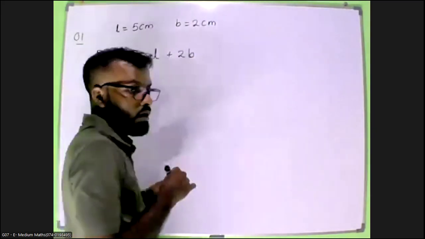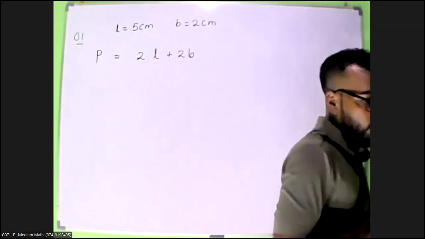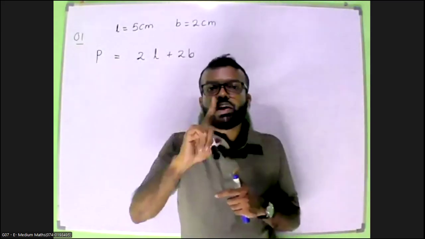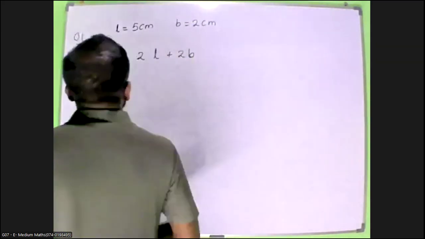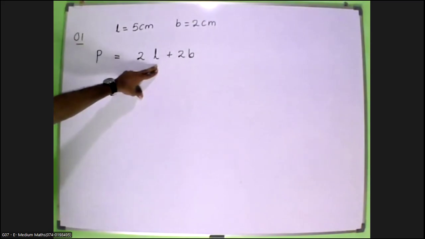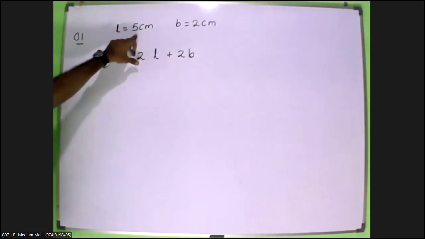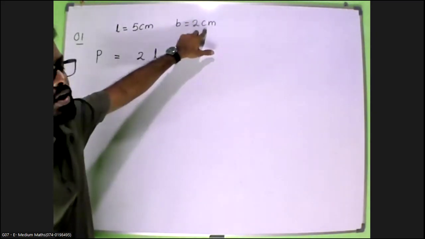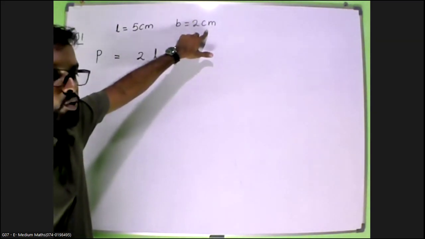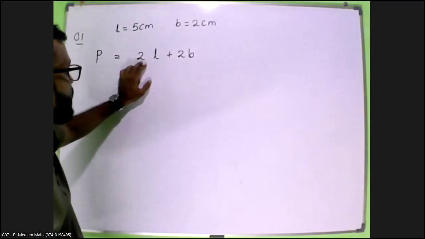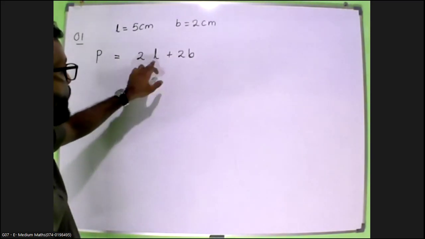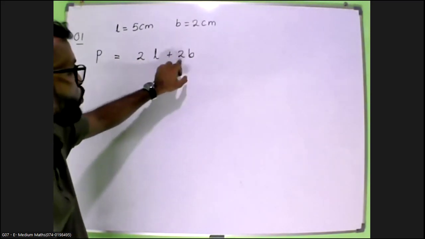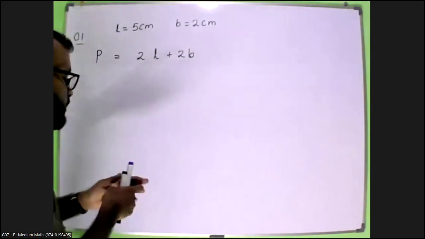Right. Now what are they asking? Find the perimeter of the rectangle. Okay. Right. So they are saying L equals 5 centimeters, B equals 2 centimeters. So what are we going to do? Here what we have to do is 2 multiplied by L plus 2 multiplied by B. Okay.